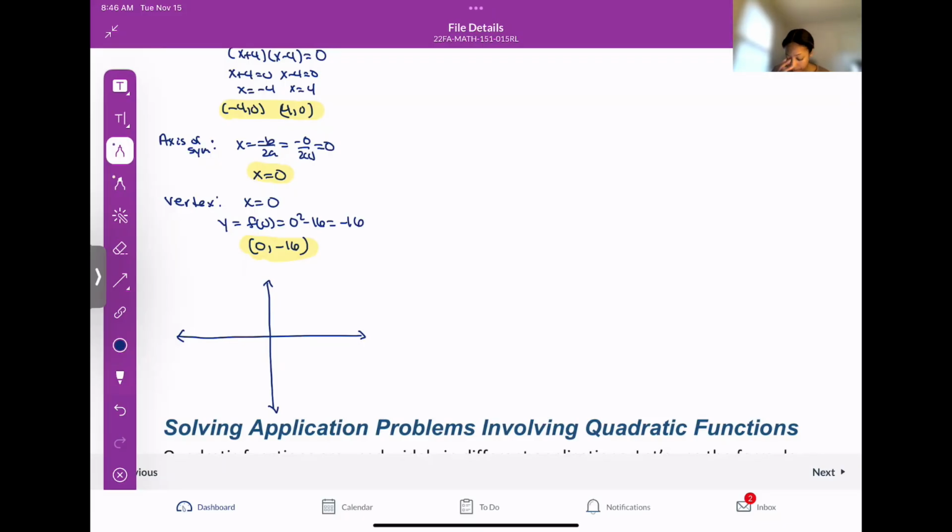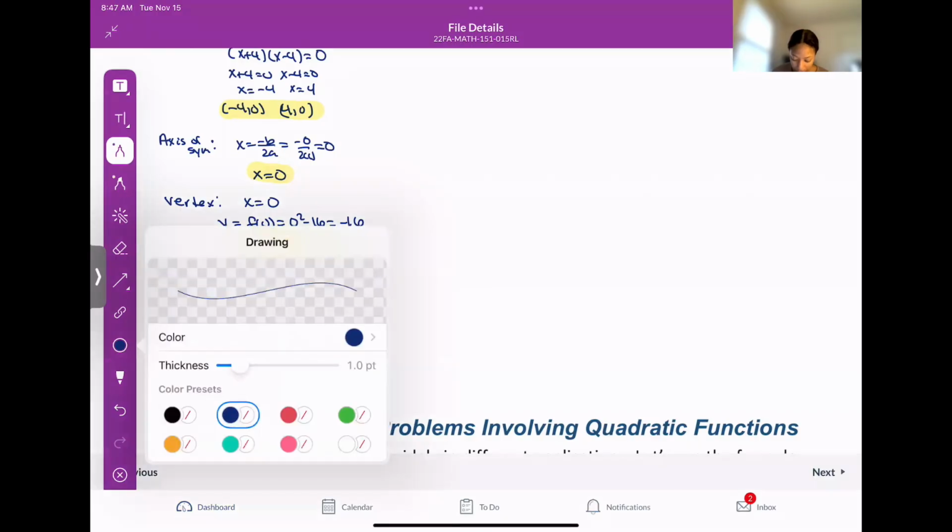All right, I'm going to try to draw the scale here as neatly as possible. 1, 2, 3, 4. 1, 2, 3, 4, negative 4. I'm not going to draw 16 tick marks, so we're going to count by 4s on the y-axis. So that's 4, 8, 12, 16. Negative 4, negative 8, negative 12, negative 16.